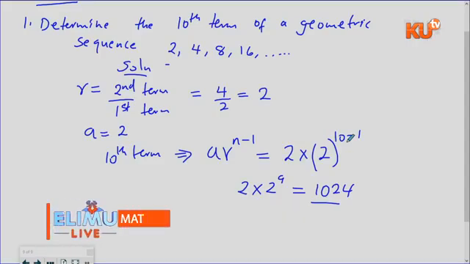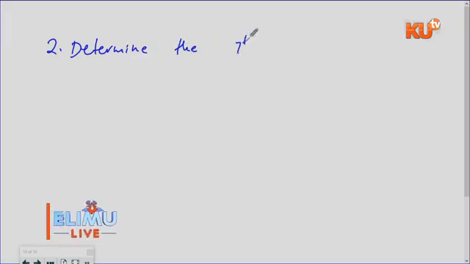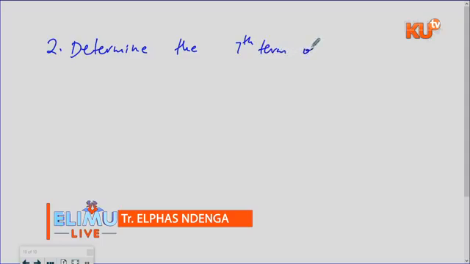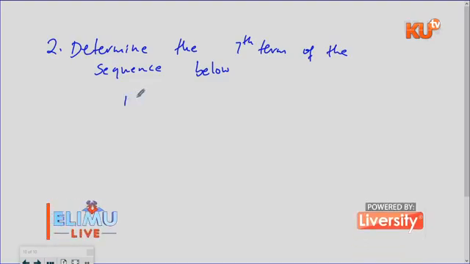And in this case, we are told to determine, number 2, the seventh term of the sequence below, and we have the first term of our sequence giving us 15, and then we have 45.